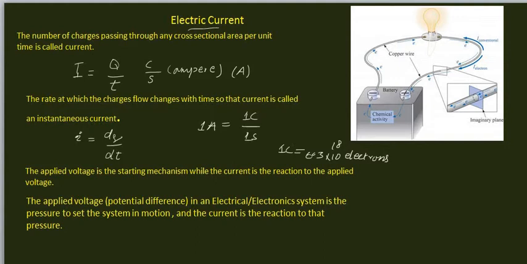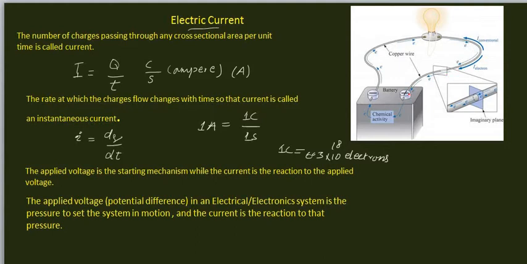If you look at this figure, you will see that there are two kinds of current flowing. The one is flowing from the negative terminal towards the positive terminal of the battery, which we already analyzed. But there is another current which is flowing from the positive terminal toward the negative terminal of the battery. So what is this current? This current is actually called the conventional current.